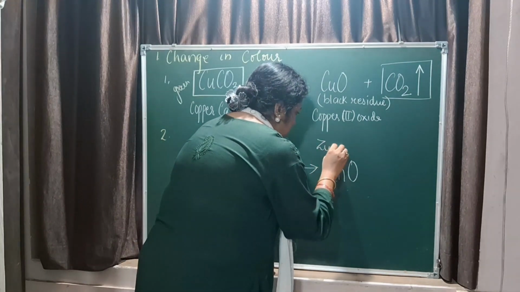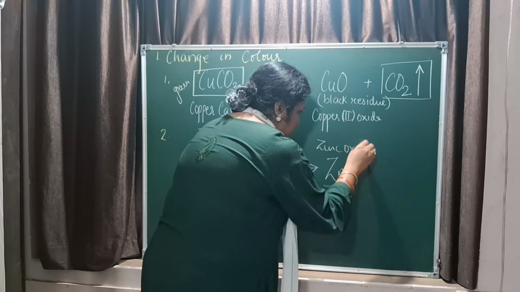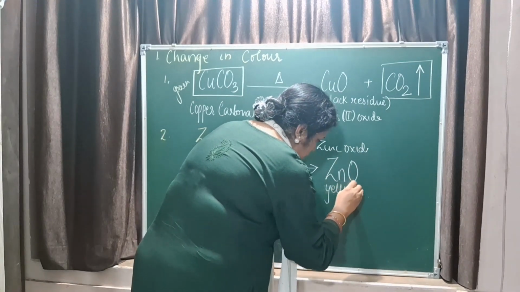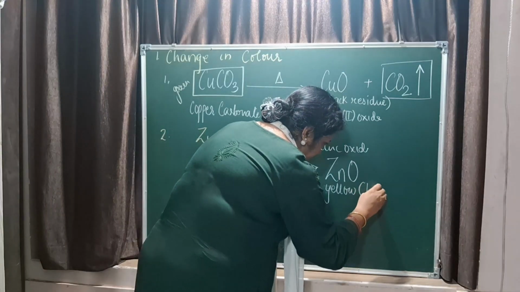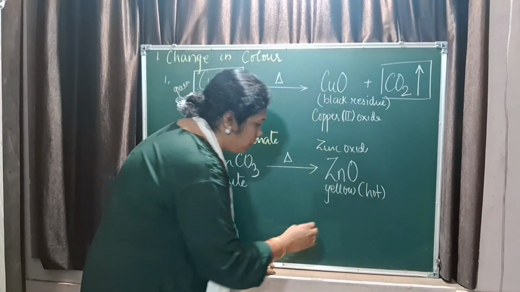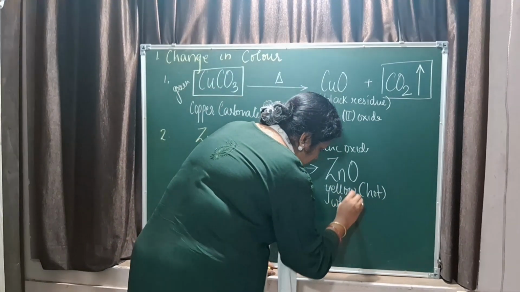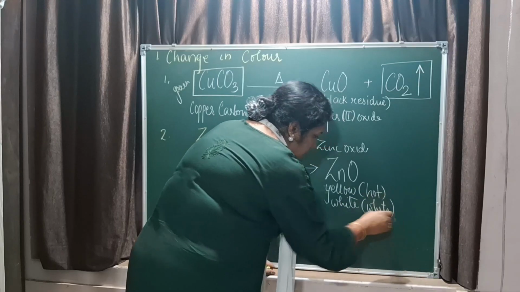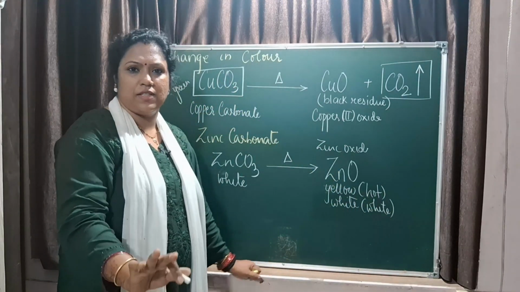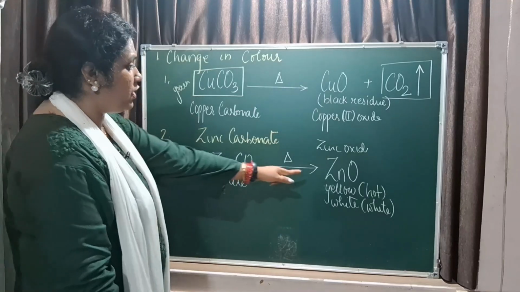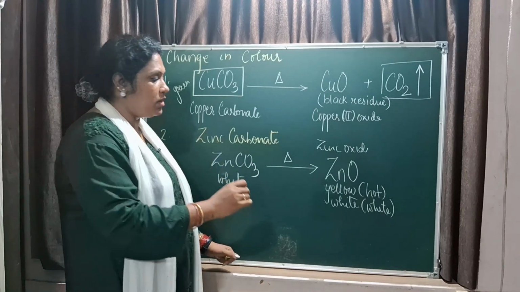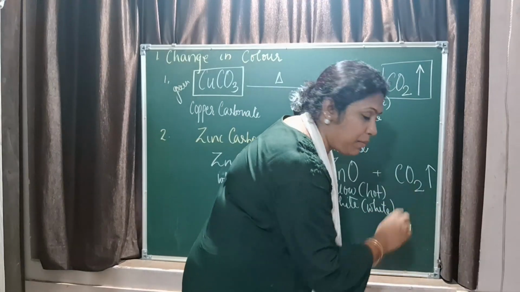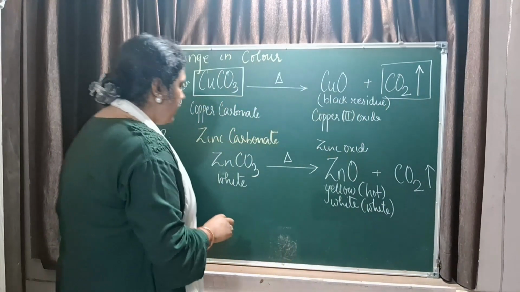This is zinc oxide. Now, zinc oxide is yellow when hot, and when you allow it to cool, it turns white, okay. This change in color from yellow to white is a physical change, but formation of zinc oxide from zinc carbonate is a chemical change, and here also the gas evolved is carbon dioxide, right.